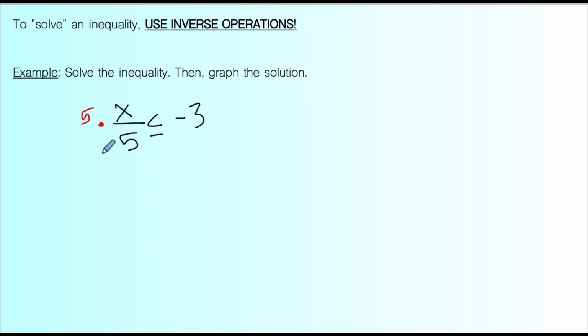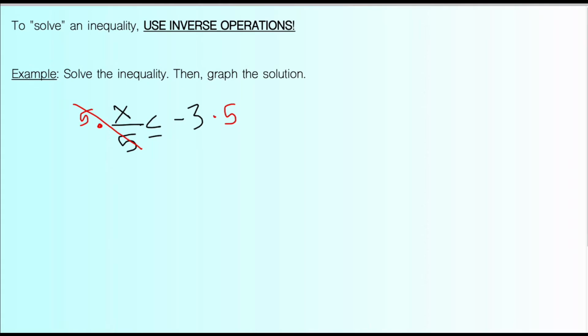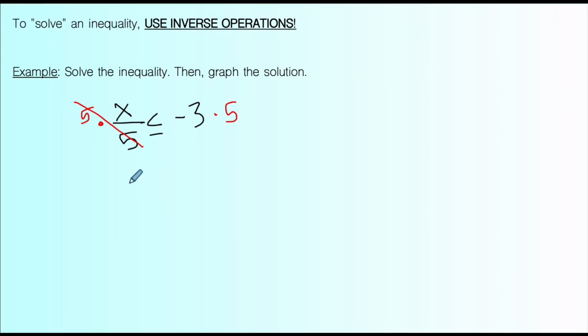And when you multiply or divide by a positive, everything is as it would be when you solve equations. You just do the same thing to the left and to the right sides of the inequality, and you'll have a final solution. So x is less than or equal to -15.